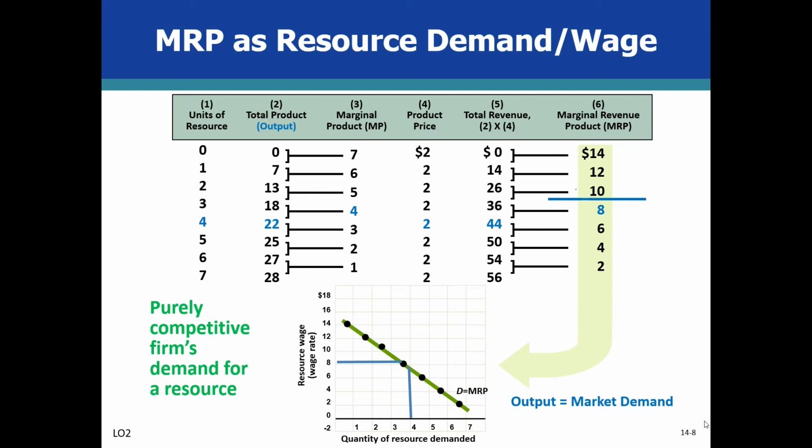And at the market demand of 22, the marginal revenue product, given that we can only get $2 per unit, the marginal revenue product is 8. And we can compare that directly on the bottom graph that says, well, at a wage rate of 8, I'm going to hire 4 workers. This brings the output of the individual and the realities of the market together to determine what the overall demand for labor is.